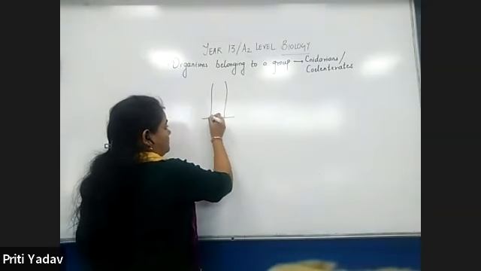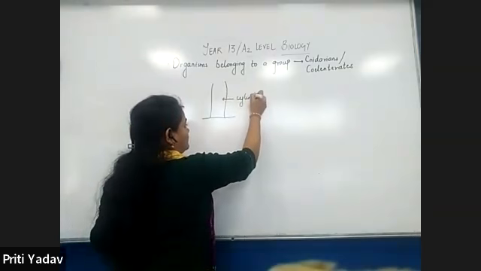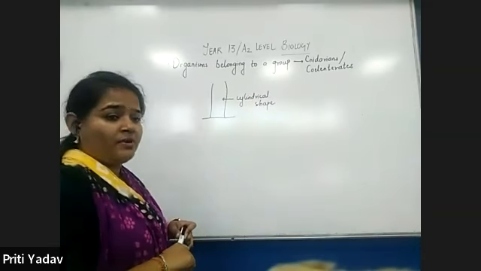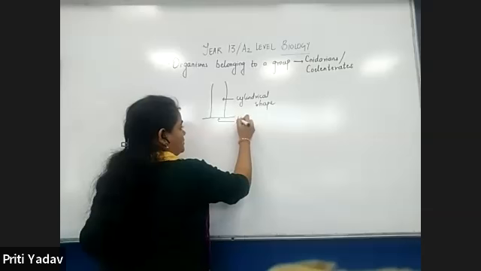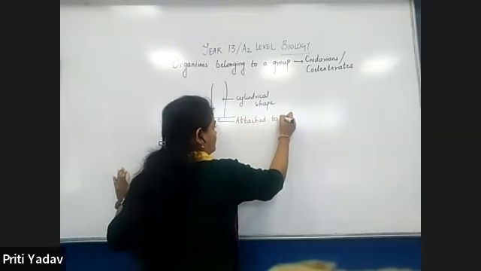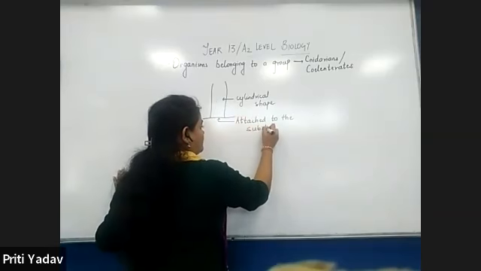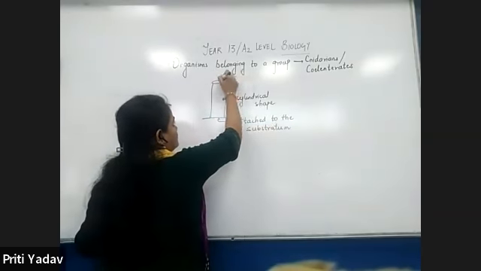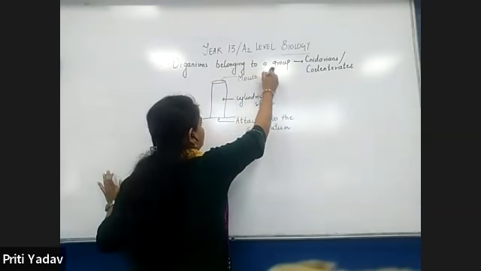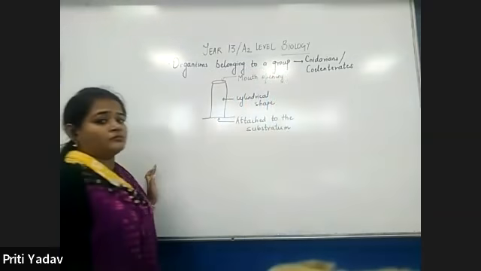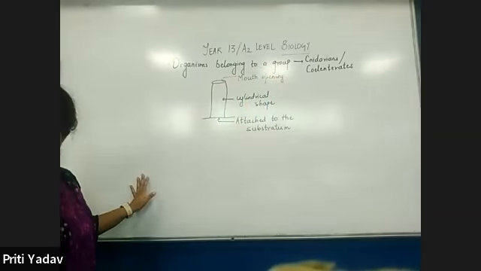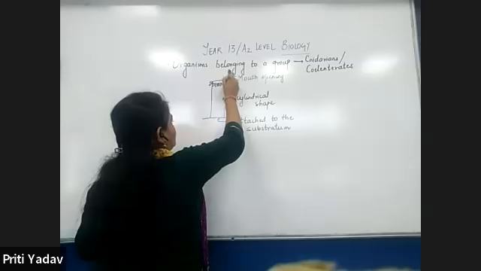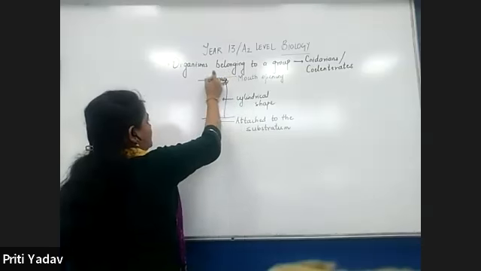The body is cylindrical in shape, elliptical shaped, and again attached to the substratum. The upper surface contains the mouth opening, and it is surrounded by different tentacles.